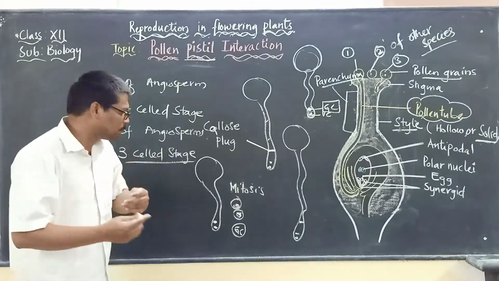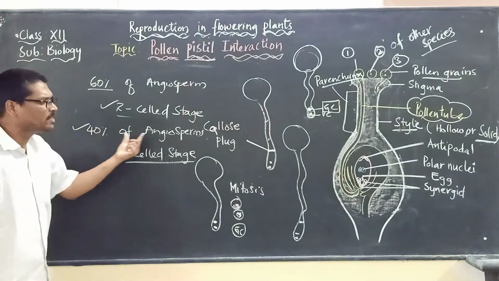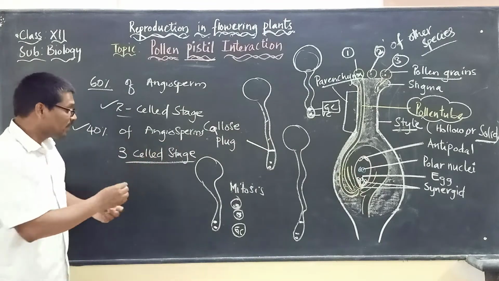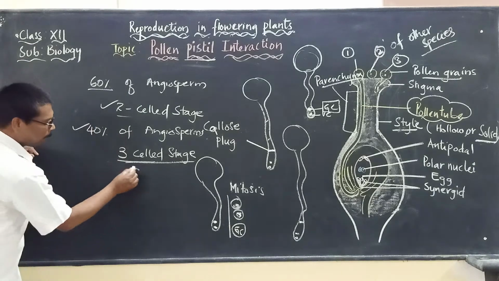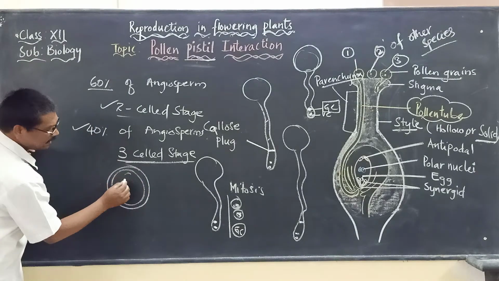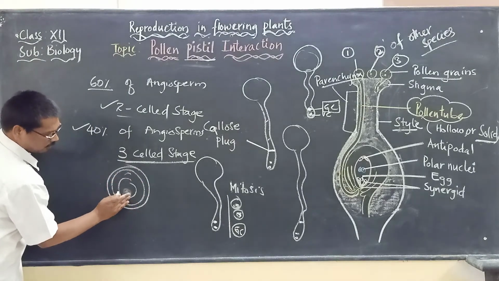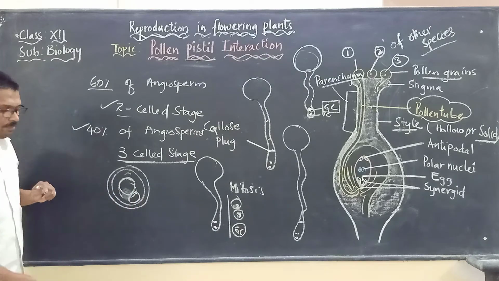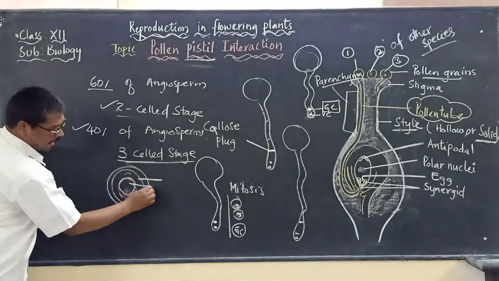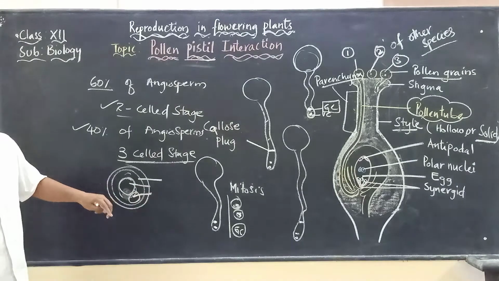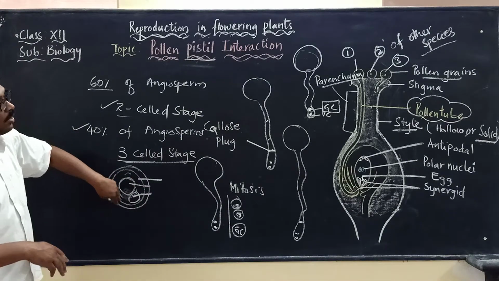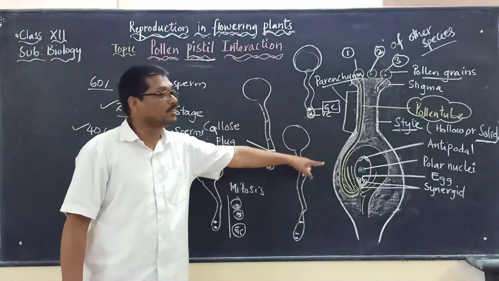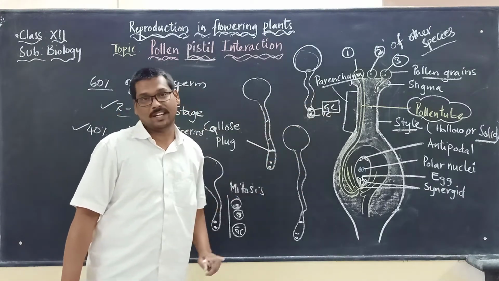But in some other plants, the other 40% of the angiosperms, we see the three-cell stage. These three cells are already present in the pollen grain: a vegetative cell and two male gametes. Already there are three cells formed before the pollen tube germinates on the stigma or into the style.